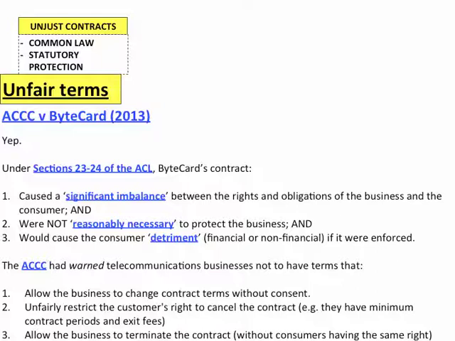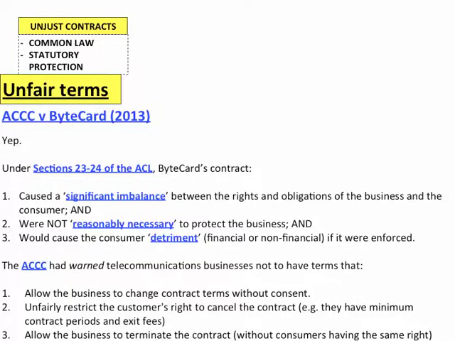So things like exit fees, we've gotten to the point now that in some industries, like home loans, they're banning exit fees, so that you can't just charge a customer because they don't want to be your customer anymore, right? And any term that allows a business to just terminate the contract, if it says we can end the contract at any time and you can end the contract at any time, that is not an unfair term, right? It doesn't have that significant imbalance aspect.